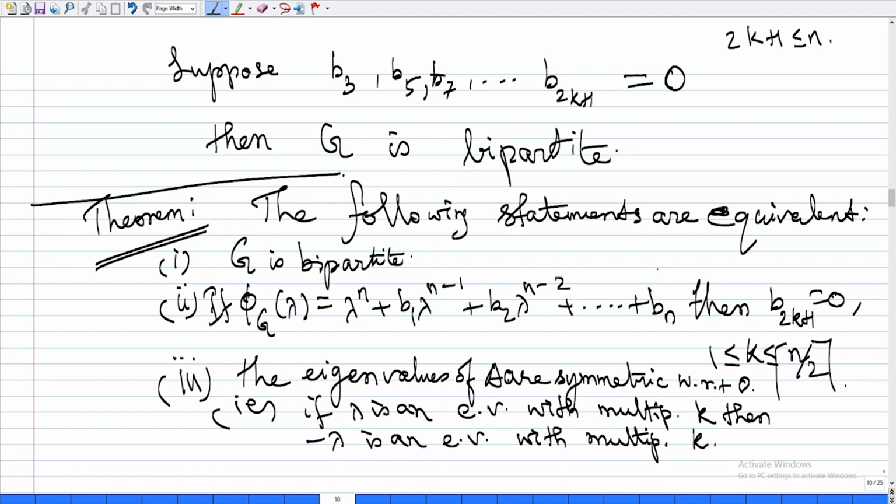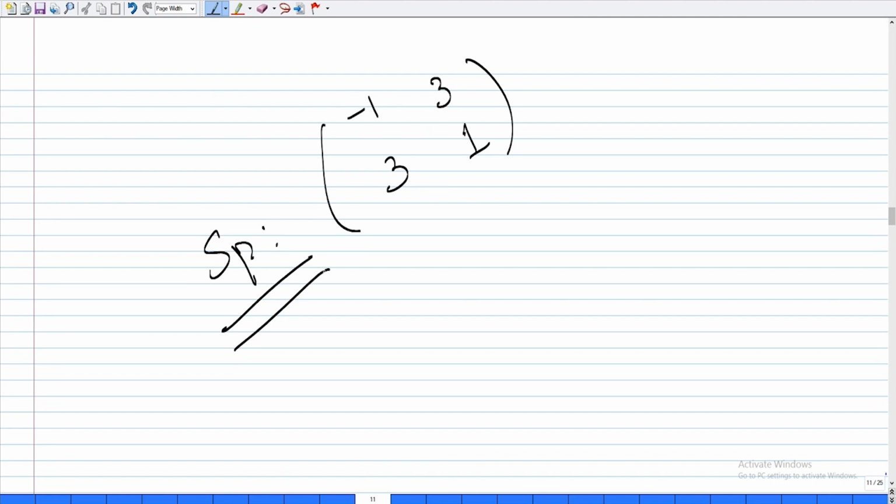Given a spectrum, the next problem we will see is, without looking at what kind of graph we are having, can I just tell by looking at the eigenvalues, this is the class of graph. Suppose I give you a spectrum, possibly like this. Can you tell me for which graph this spectrum is going to hold true?